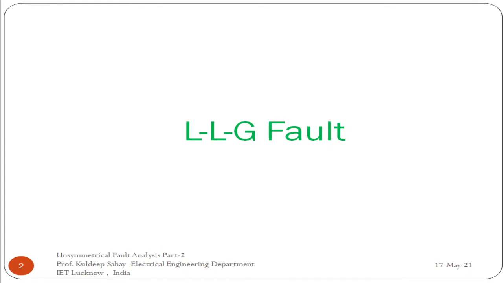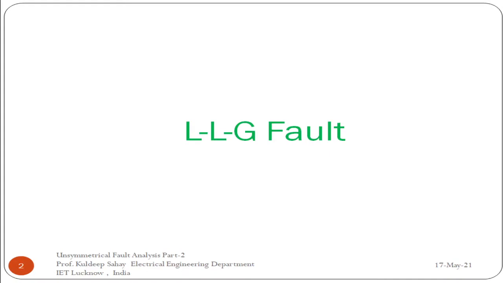Moreover, in case of double line fault, the role of the fault impedance compared to the line to ground fault is lesser, because in the line to ground fault you have seen that the effective impedance was 3 times ZF.